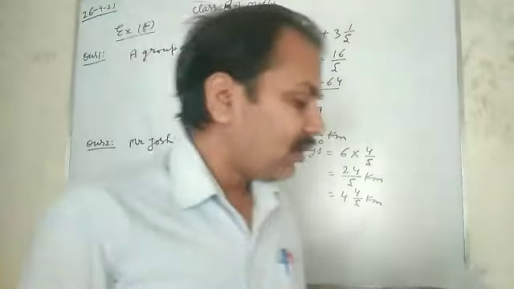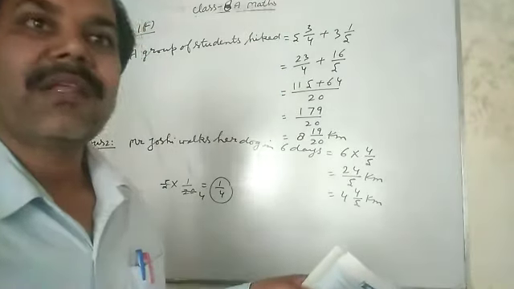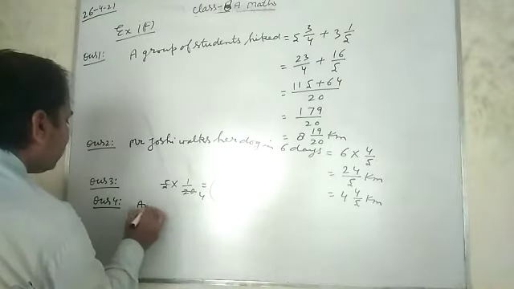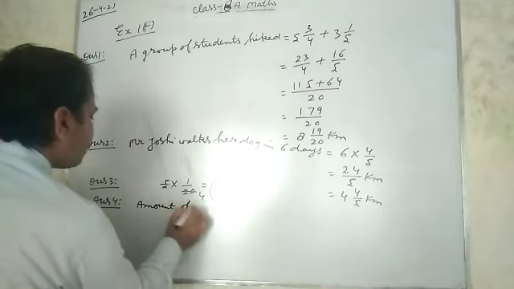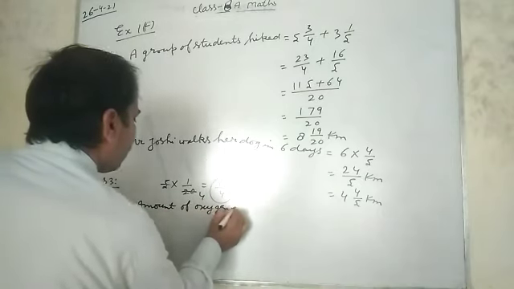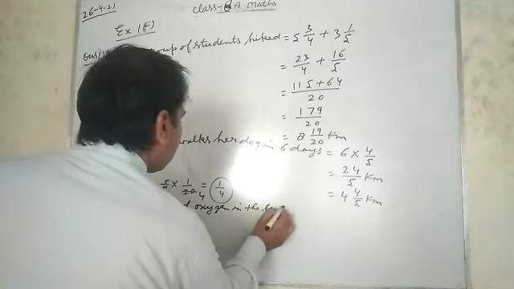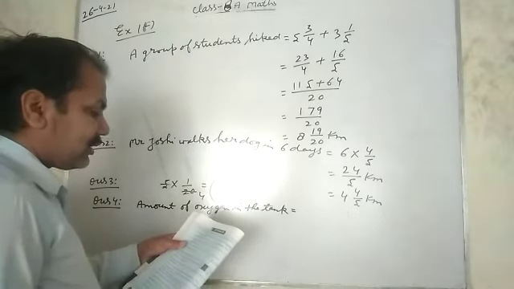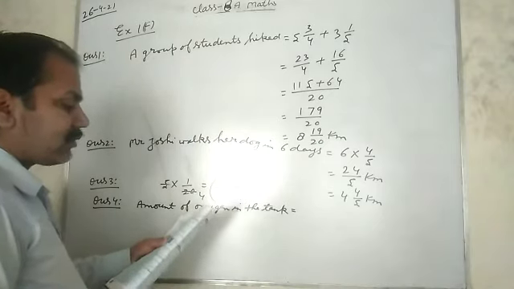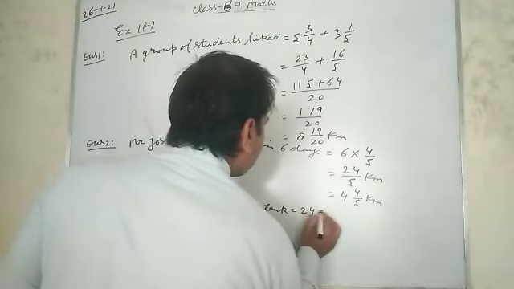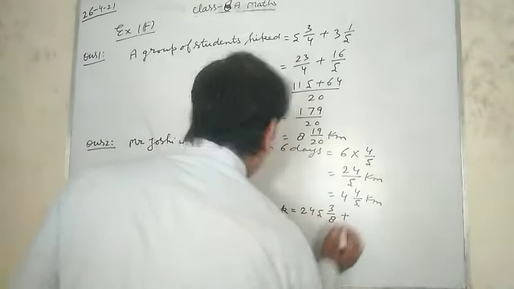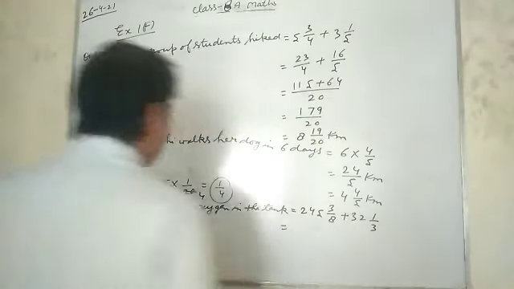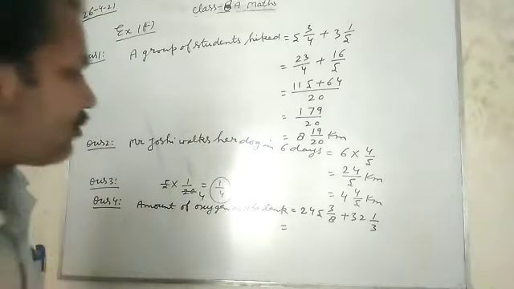So the amount of oxygen in the tank is equal to, after using 32 1 by 3 liter, 245 3 by 8 plus 32 1 by 3. This is the amount of oxygen in the tank, so add it.